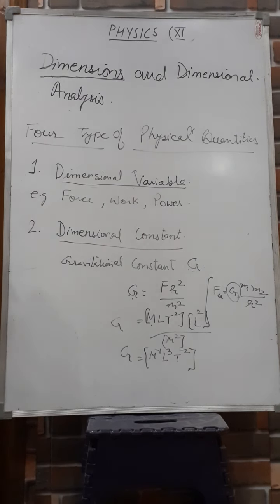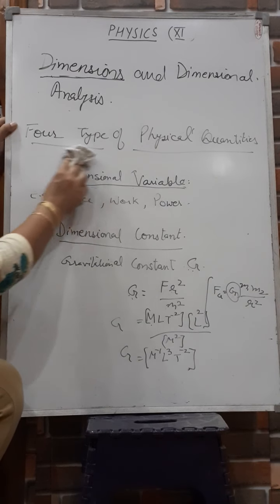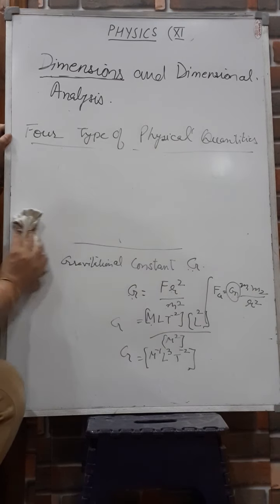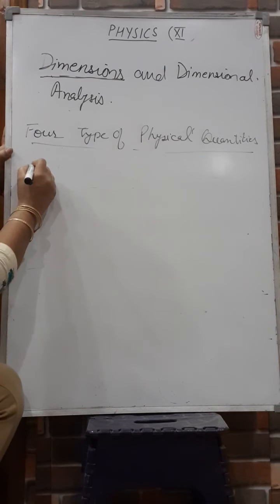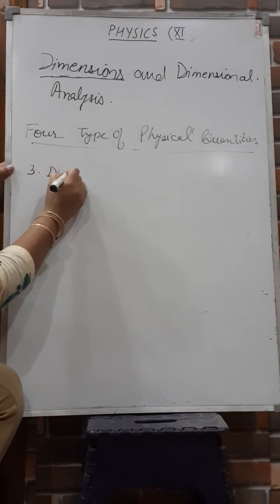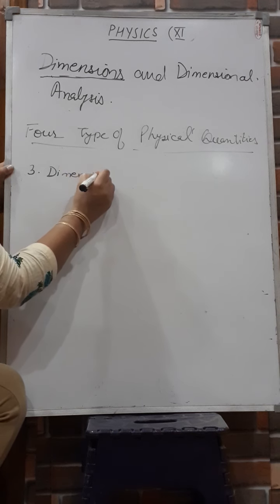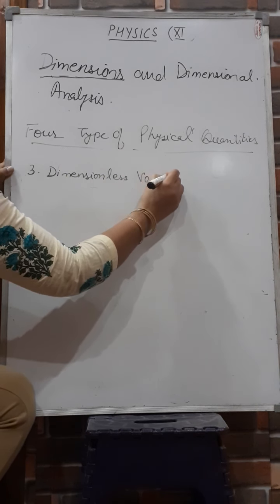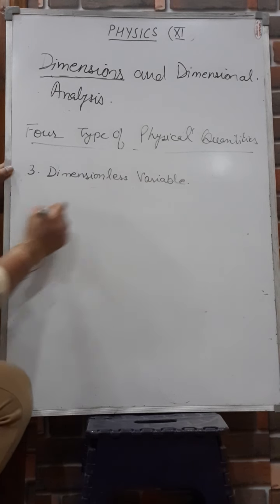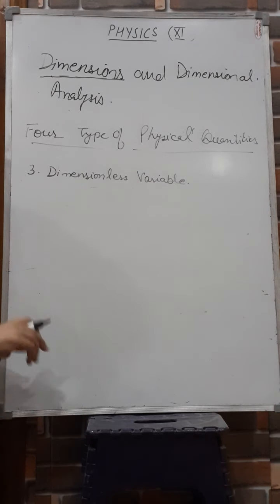Third quantity is dimensionless variables. It does not have dimensions but the value varies.